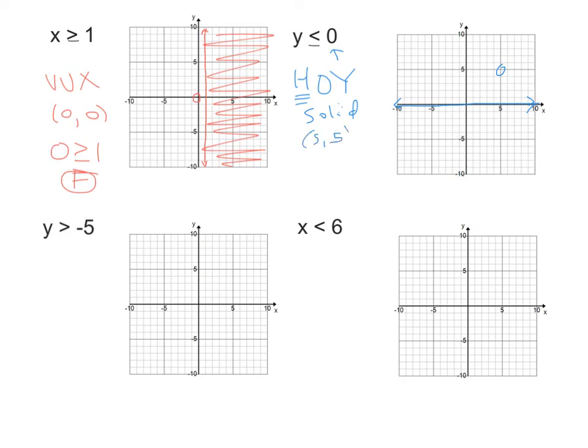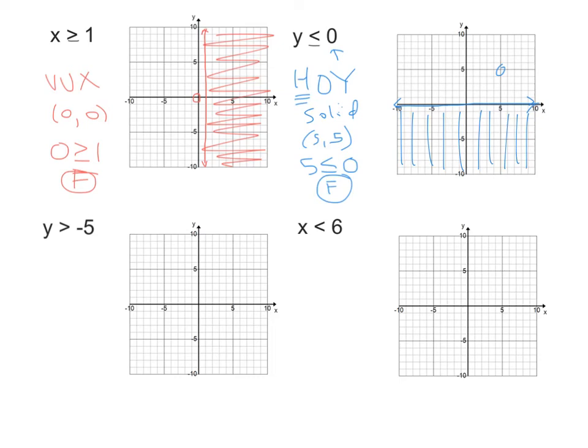Okay, test that out. And so I'm going to have 5 is less than or equal to 0. Once again, this is false. I have a lot of false examples today. Sorry about that. But false means that this point is not a solution, so we are going to shade away from it. So it's this way, like so.